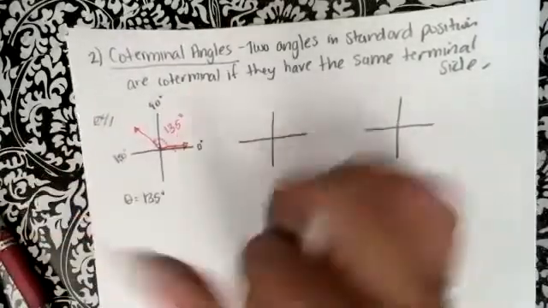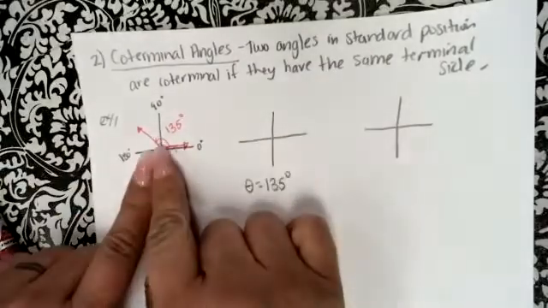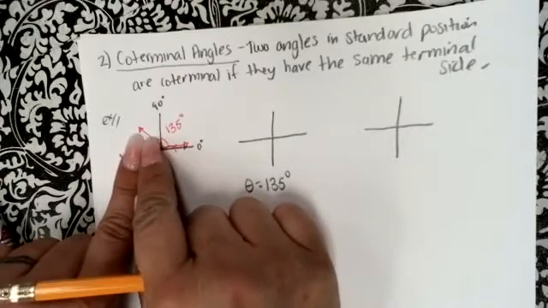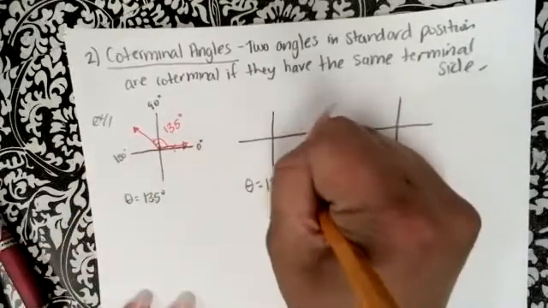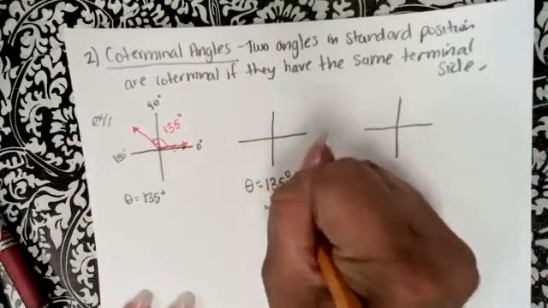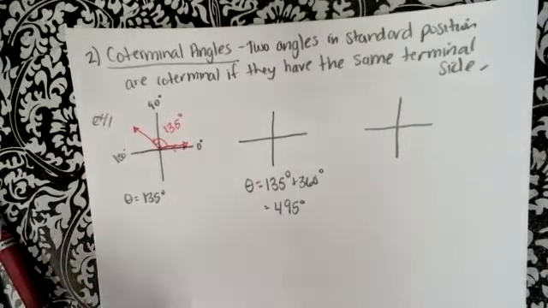So to find another coterminal angle, I can take the 135 and add 360 to make it go all around the circle and end at the same terminal side. If I add 360, that gives me a theta of 495. So these two angles are coterminal.